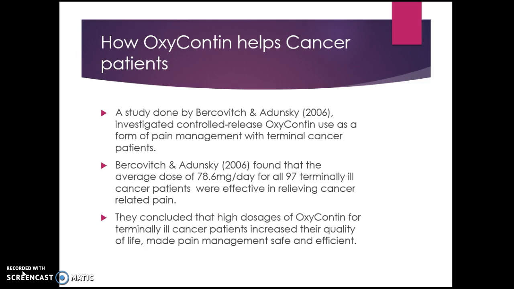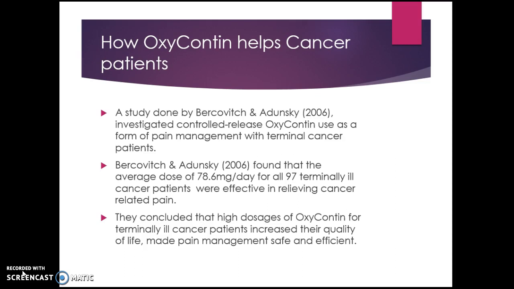How OxyContin helps cancer patients. A study investigated controlled-release OxyContin use as a form of pain management with terminally ill cancer patients. They found that the average dose of 78.6, so almost 79 milligrams a day, for all 97 of the patients was effective in relieving cancer-related pain.